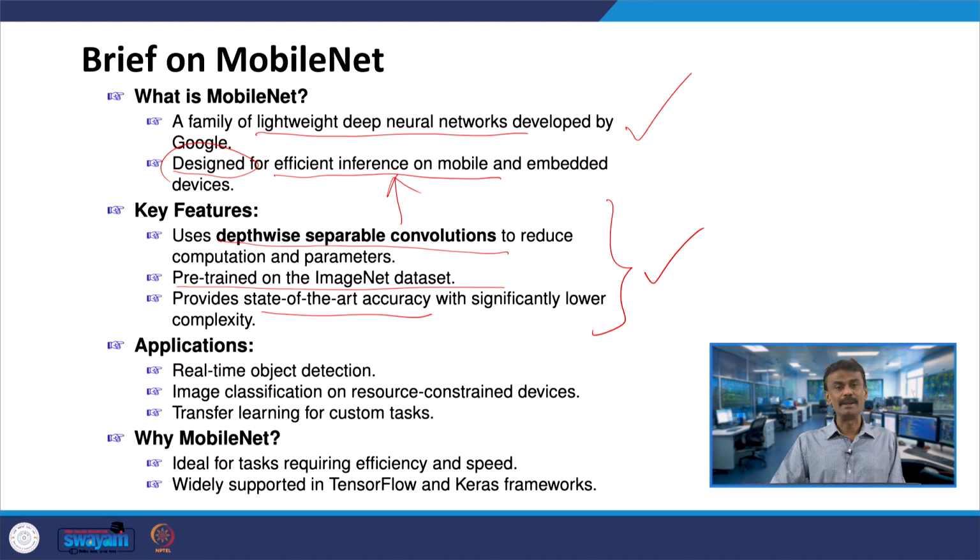So, what are the applications? Real time object detection: suppose in a video I want to detect a few objects, I can use MobileNet. Also image classification algorithms, and transfer learning for custom tasks. I have a pre-trained model that finds the cow image.